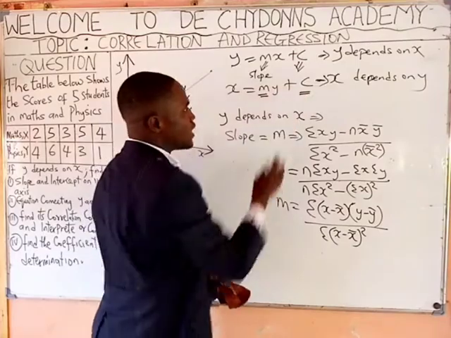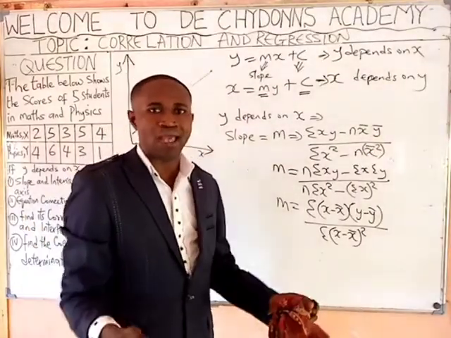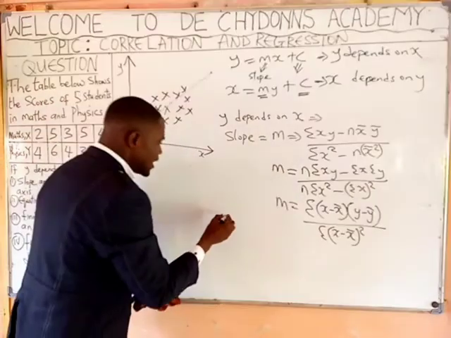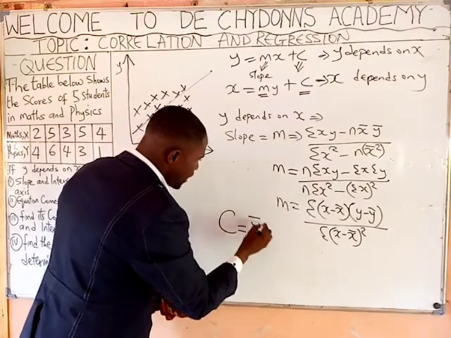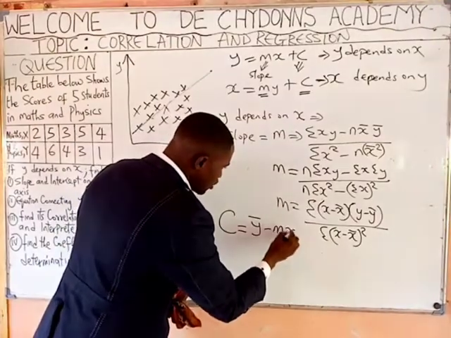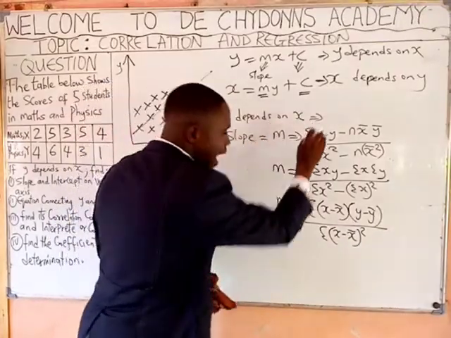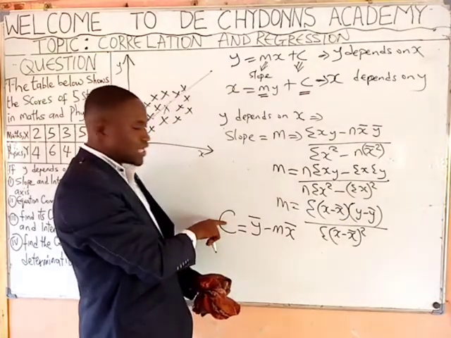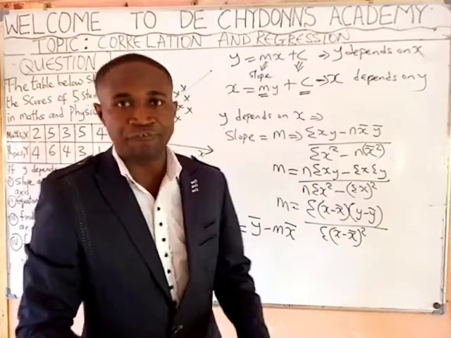I will have another one, the intercept on the vertical axis. The vertical axis could be y, the vertical axis could be anything. Now you say the intercept c is equal to mean of y minus m mean of x, because we are talking about y depends on x. So the intercept on the vertical axis will be mean of y minus m mean of x.